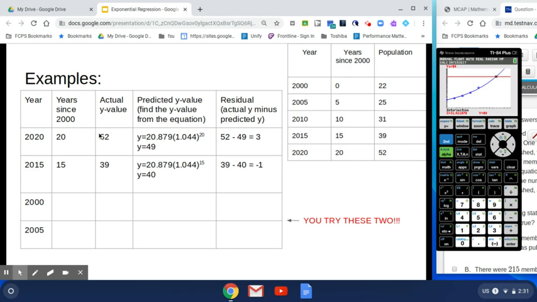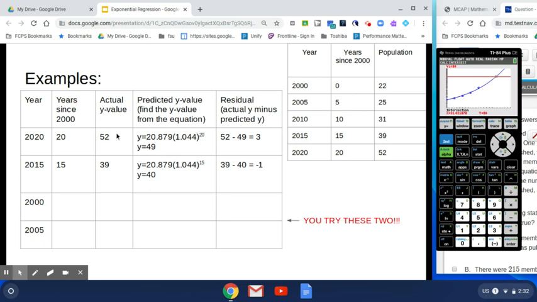So if we look at a couple of examples with the bird population example that we just looked at, if I want to find the residual for the year 2020, the x value is 20, the actual y value from the chart is 52. But if I plug 20 into my equation, the predicted y value, in other words, the equation's y value, we get y equals 49.